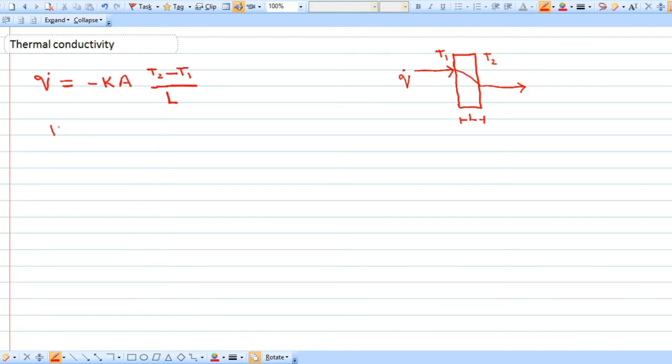Then K is equal to Q divided by A into L divided by T2 minus T1.